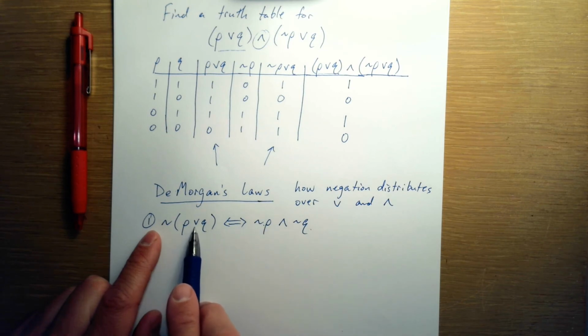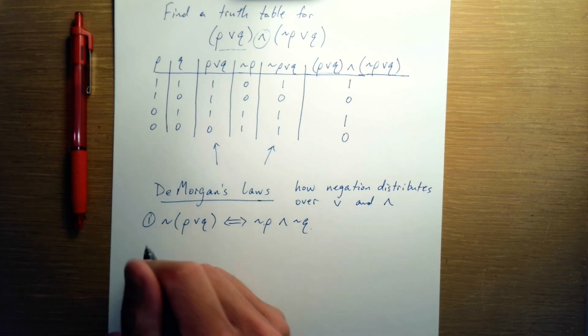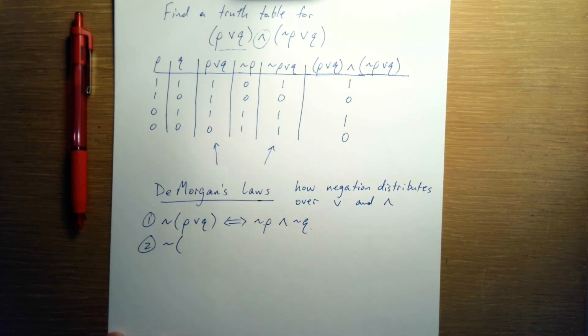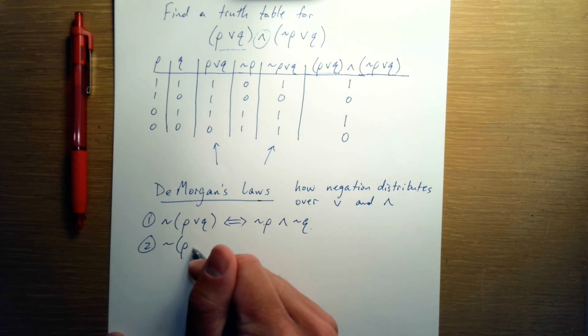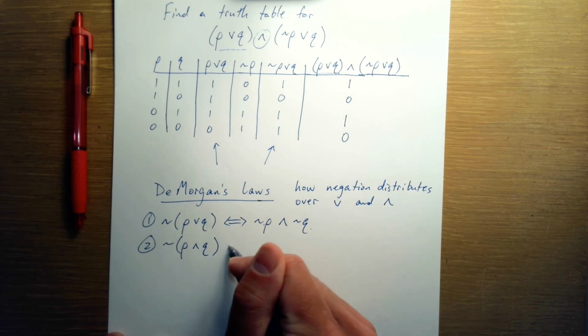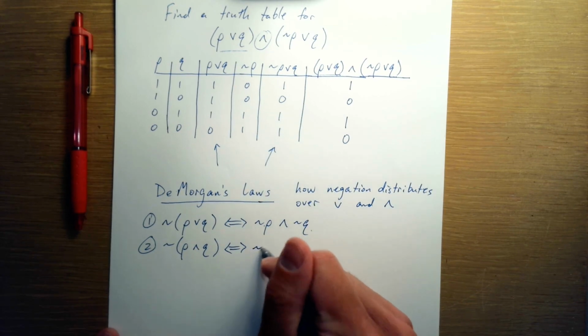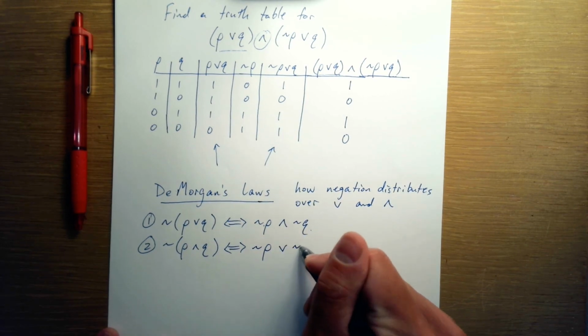So we flip the operator from OR to AND. And then De Morgan's law, the second part, shows how negation distributes over an AND operator. And it behaves just like the first law, except we have not P or not Q.